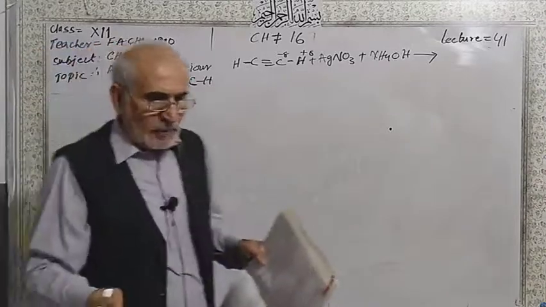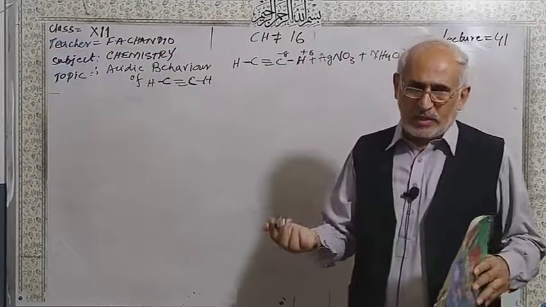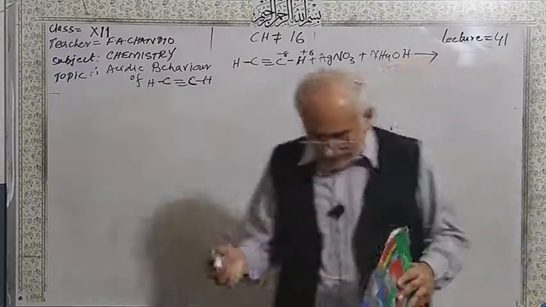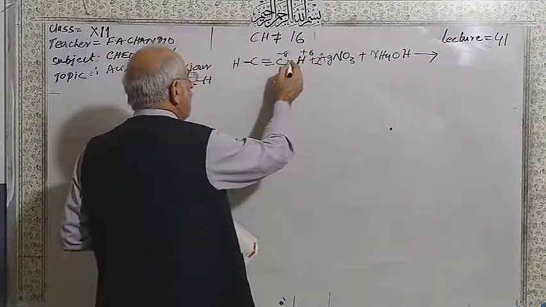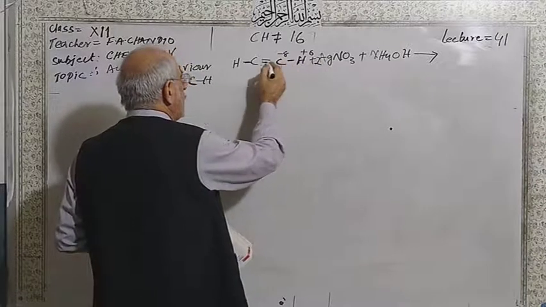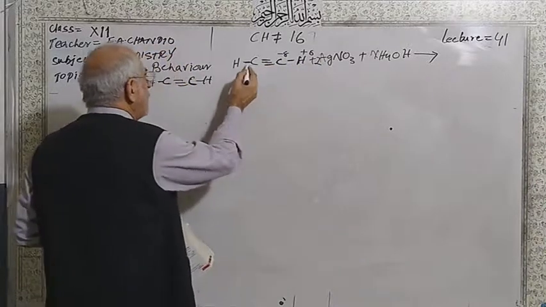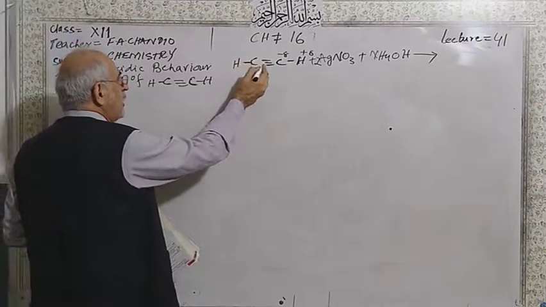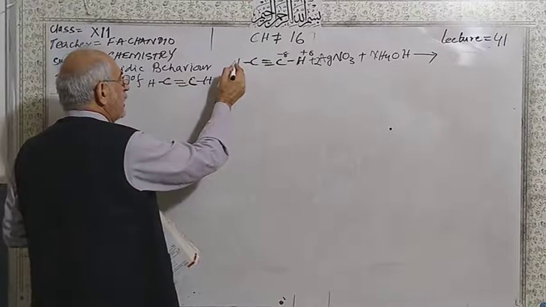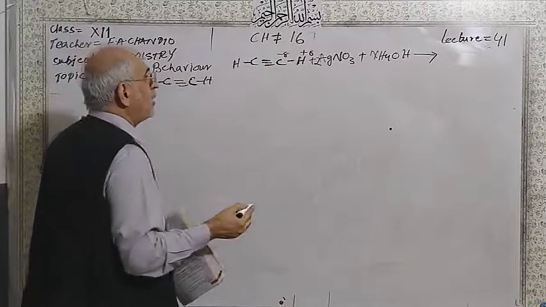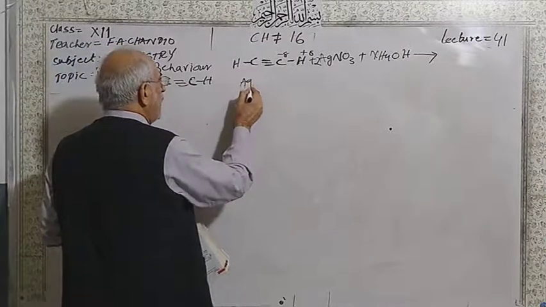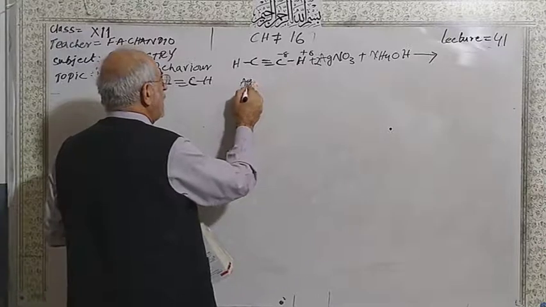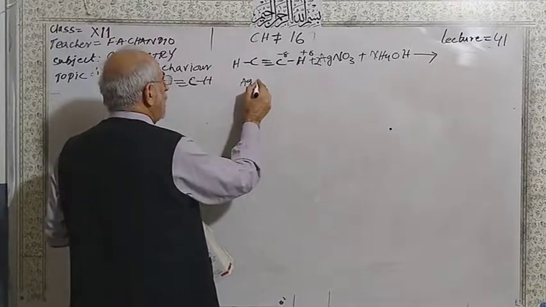And I told you that there is a substitution of terminal hydrogen. So you are seeing here a carbon with the hydrogen, triple covalent bond, and the same case on this side also, this carbon with a triple covalent bond, there is a hydrogen. This is also called terminal. So for the product you will get, the hydrogen is substituted by the metal silver.